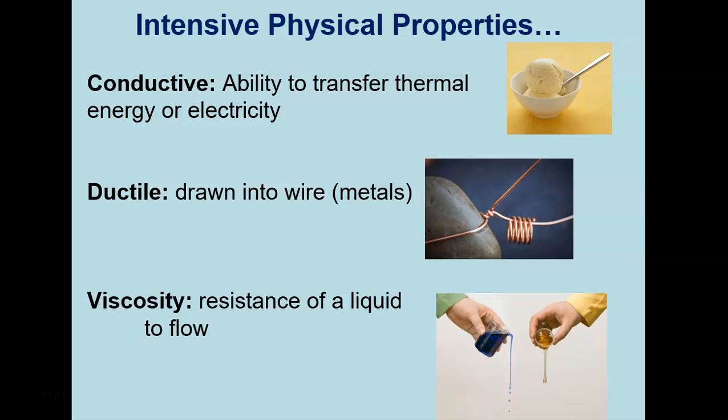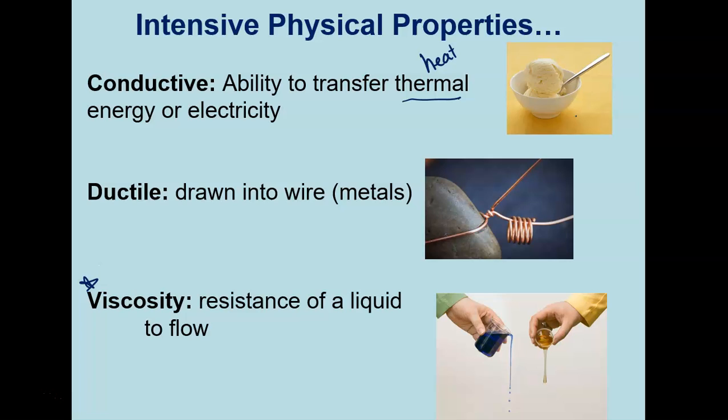Some other intensive physical properties would be if it's conductive or not. So the ability to transfer thermal, which means heat, energy, or electricity. If something is ductile, that means it can be drawn into wires. So think of jewelry, copper wiring, things of that nature. A new term for you, most likely, is viscosity.